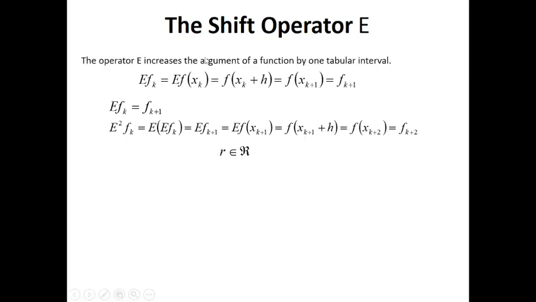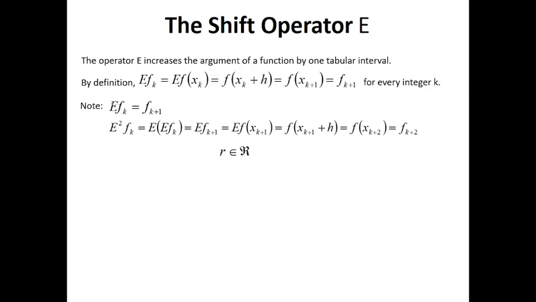So the operator E increases the argument of a function by one tabular interval. Okay, so that's the purpose of E, to increase the argument of a function by one tabular interval. When I say argument, those are the x values. So by definition, this is true for every integer k.